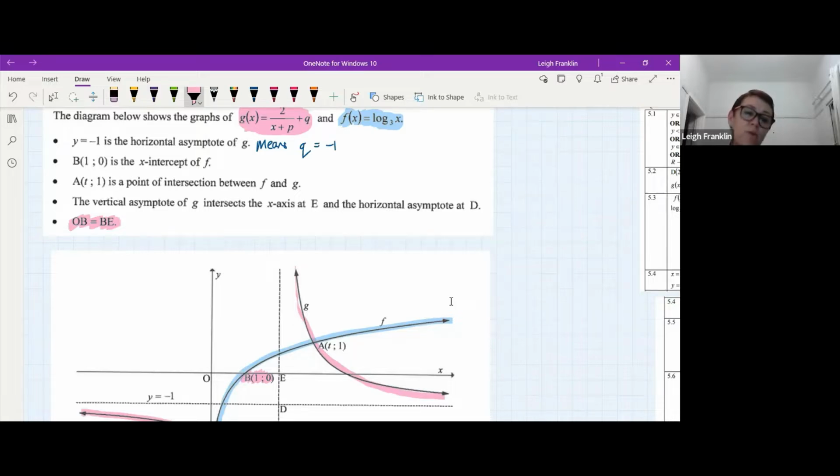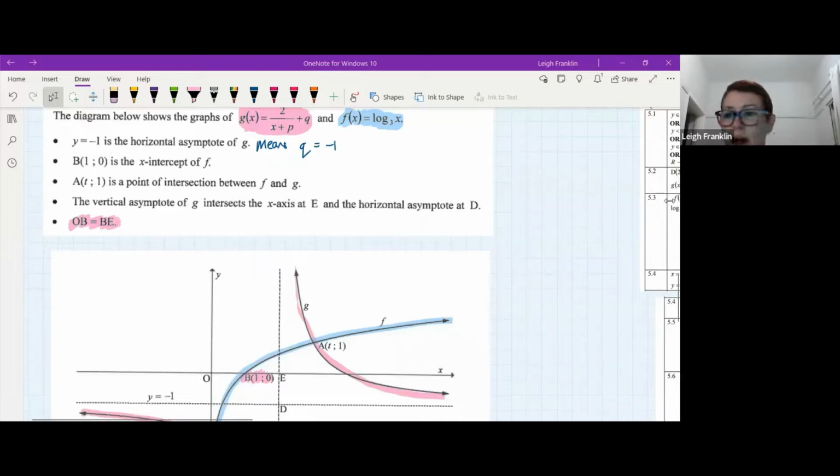So if OB equals BE, then at E, x must be equal to? What do you think? Unfortunately not. At B, x is equal to 1. So OB equals BE. That's it. Absolutely. Good. Yes, there we go. It is equal to 2.